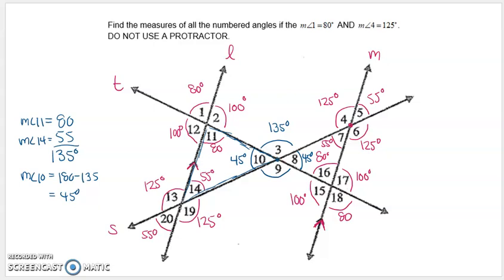In other words, the measure of angle 9 is going to equal the sum of the measure of angle 11 plus the measure of angle 14. And we already know that the measure of 11 and 14 is 135. So that would say that the measure of angle 9 is also 135 degrees. And there you have it, a solved angle puzzle.